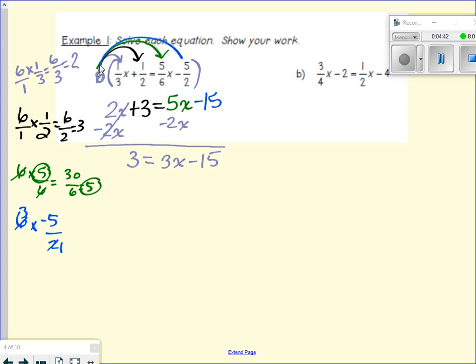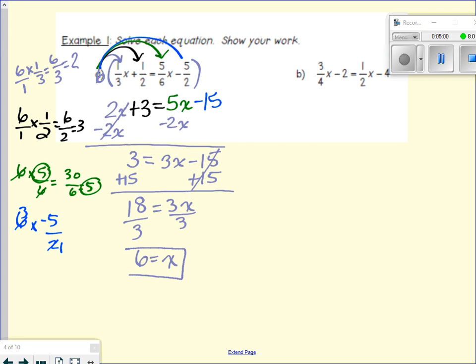Then we are going to add 15 to both sides, moving our constant to the other side. That creates a 0 pair, so we're left with 3x equals 18. We do the inverse and divide by 3, so x equals 6.